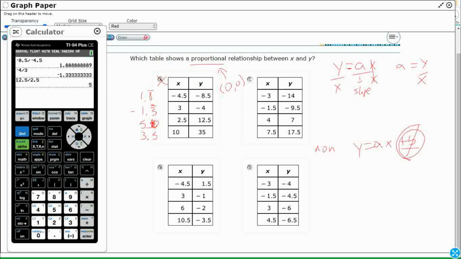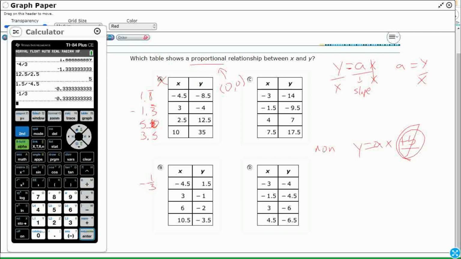All right, so let's look at B down here. We'll try 1.5 divided by negative 4.5. All right, so that's really what it is, negative 1/3. It'll just be easier that way, okay? So negative 1 divided by 3.